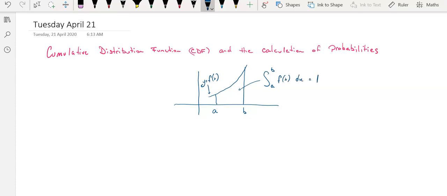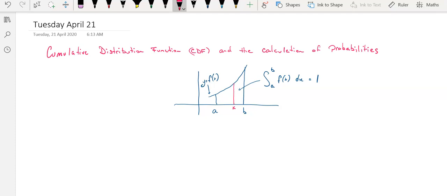What we're going to look at in this lesson is finding out what the cumulative distribution function is. For a point x between B and A, we're going to find out what the CDF is.